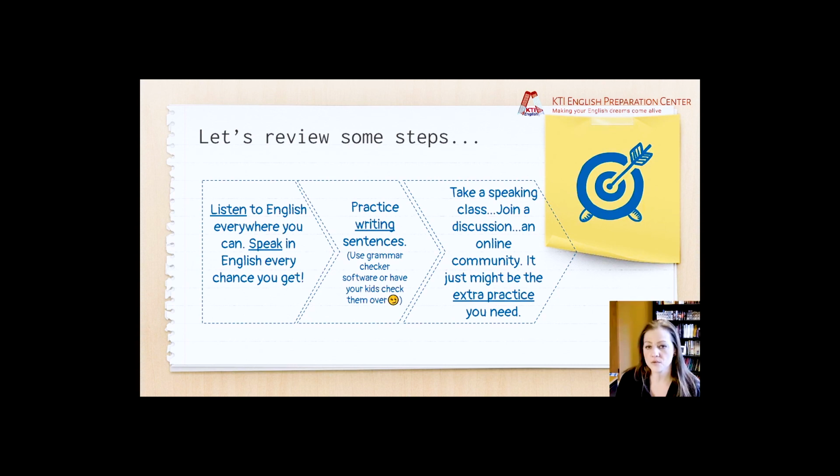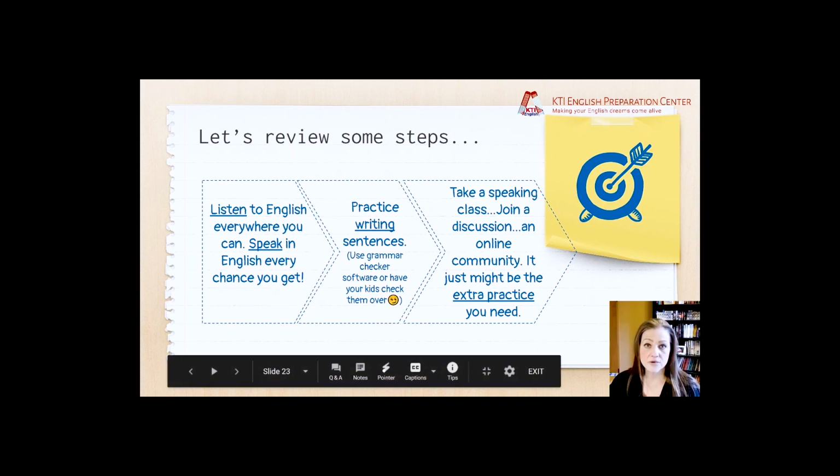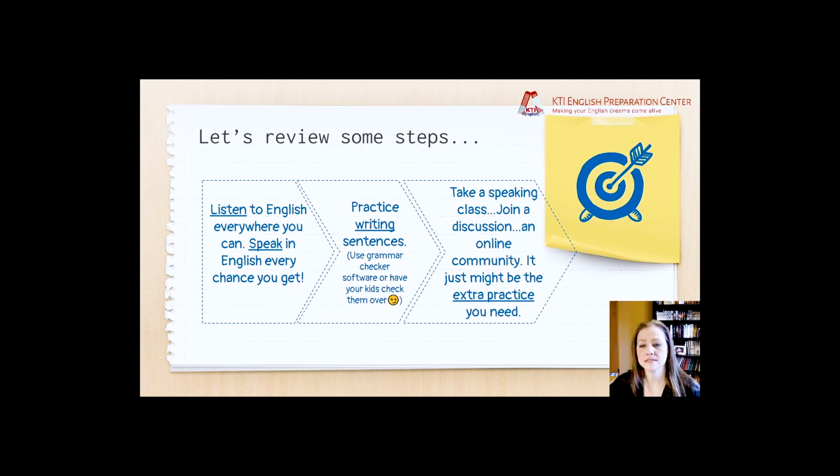You can read those. The only thing is with that, you're not going to get as much feedback as you would in a class or speaking with a native speaker. If they can correct you to say, I went to the bank yesterday, or I read that book too. Unless they can correct you, it's going to be a little bit harder. But extra practice, extra practice, extra practice. Say it lots.